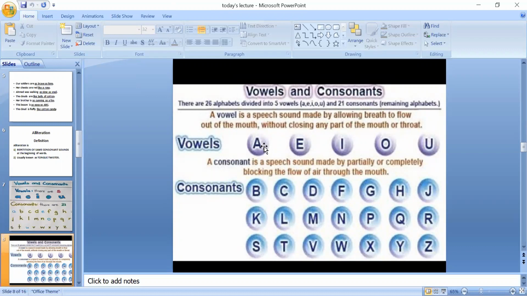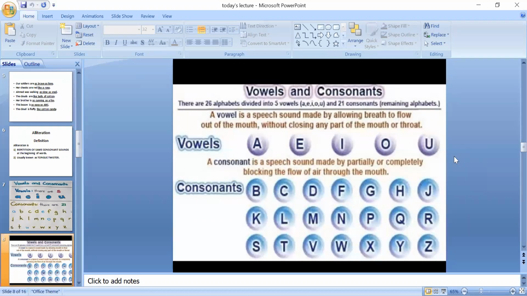Vowels are sounds. I'm talking about sounds. These sounds are only five: A, E, I, O, U, and these are vowels. And the rest of the letters are consonants, like B, C, D, F, G, H, J, K, L, M, N, P, Q, R. All the rest of the letters are consonants, and only these five sounds are vowel sounds.